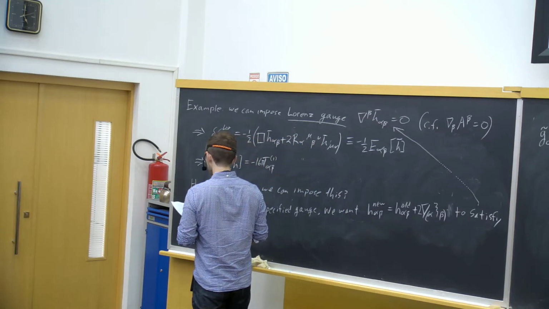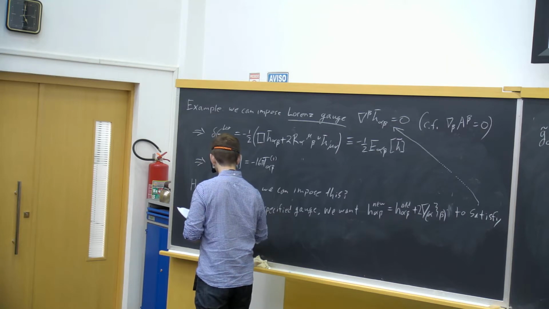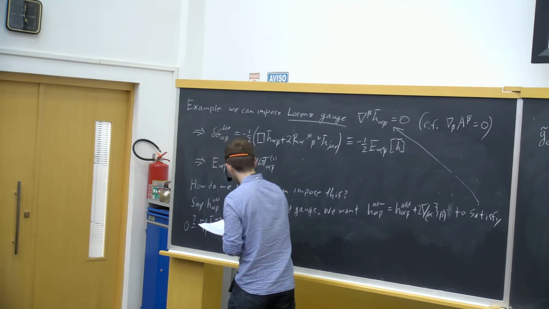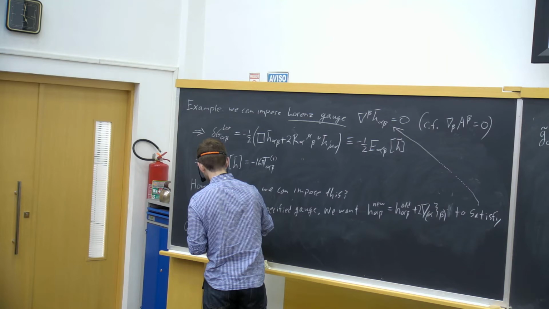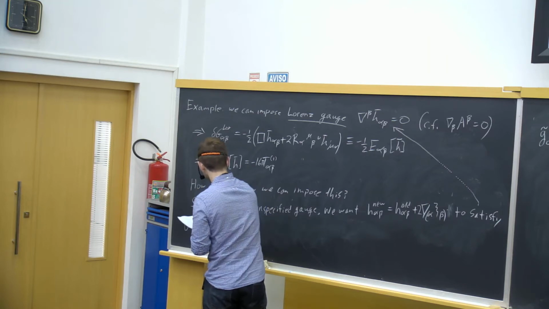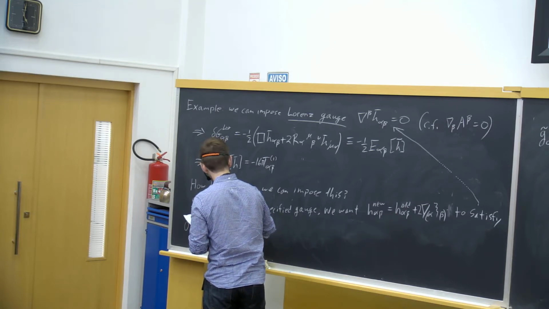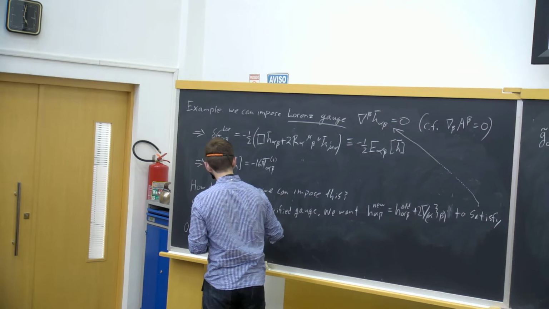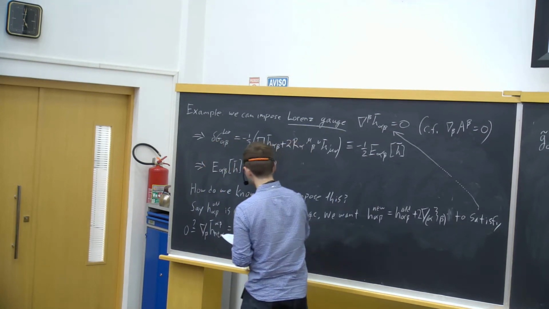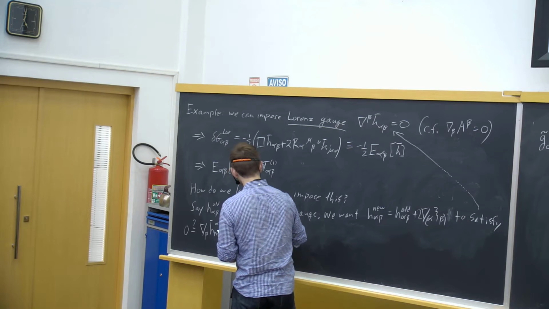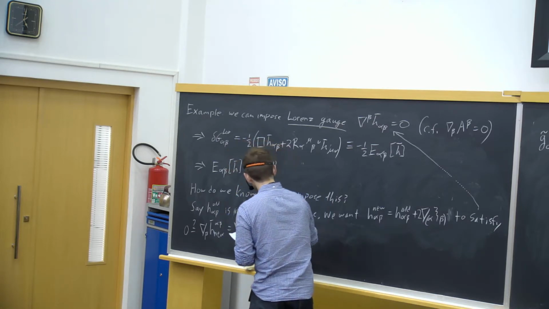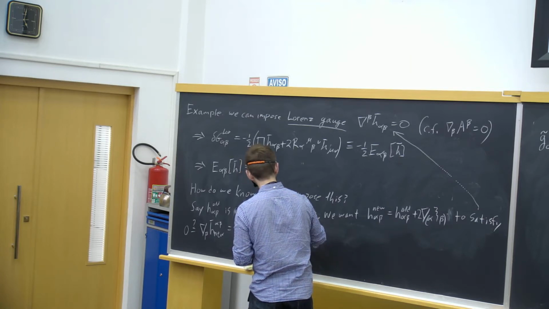So this is equal to the divergence of this combination, h minus half g mu nu h mu nu.